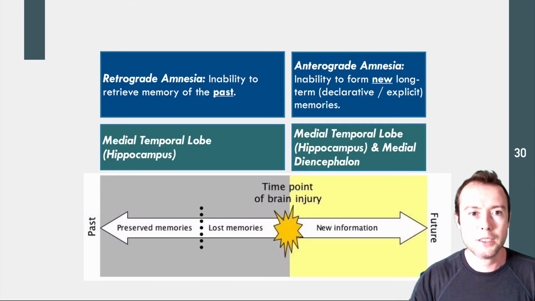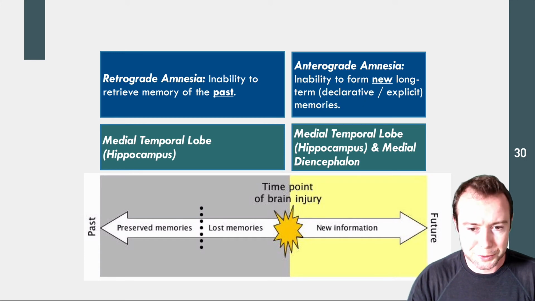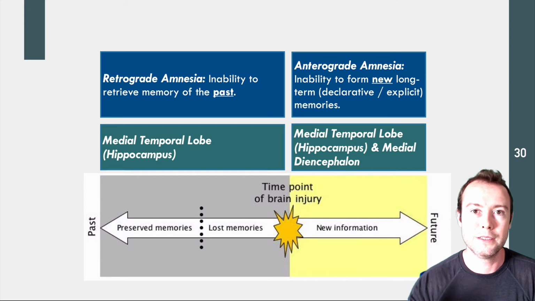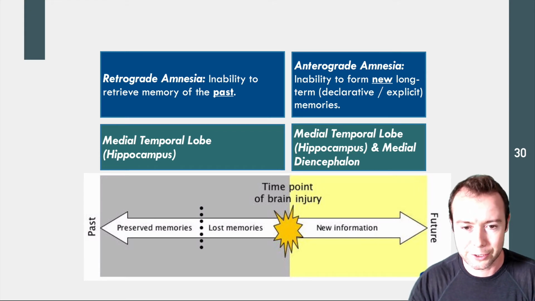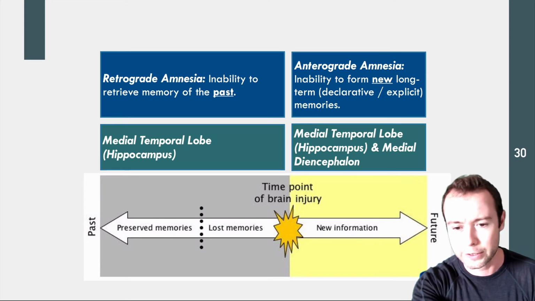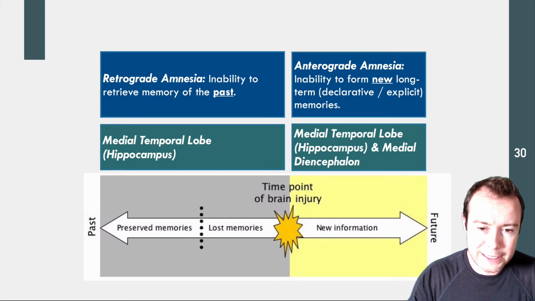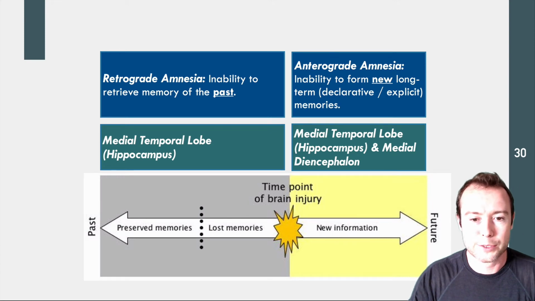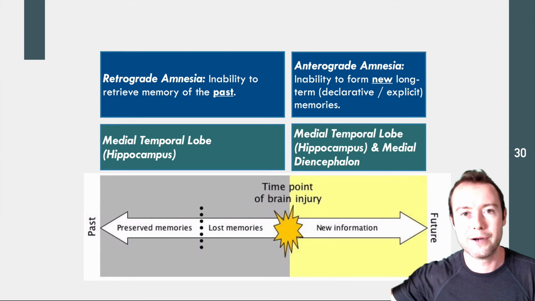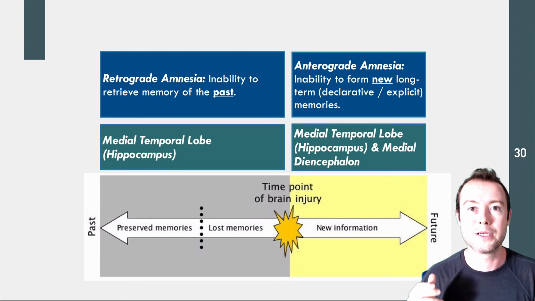So just to put this into graphical form, look at the difference between retrograde and anterograde amnesia. We've got a time point of the brain injury. The lost memories that would occur in retrograde amnesia are not necessarily everything in the past.